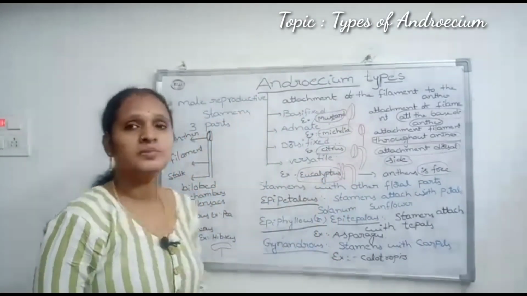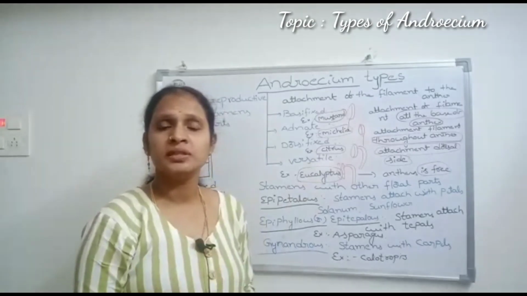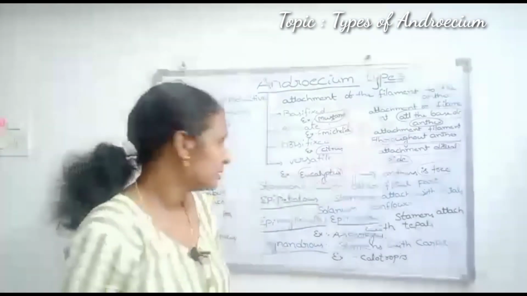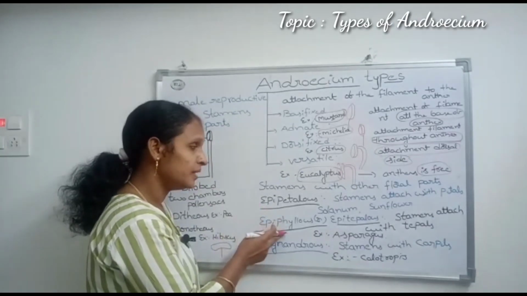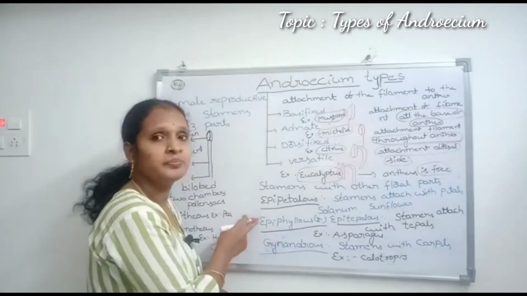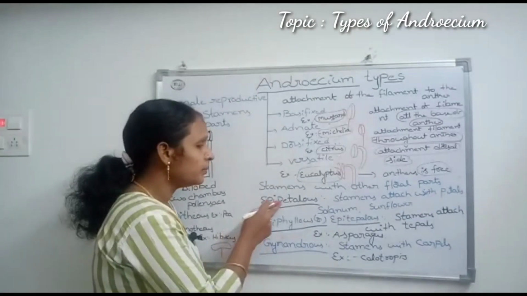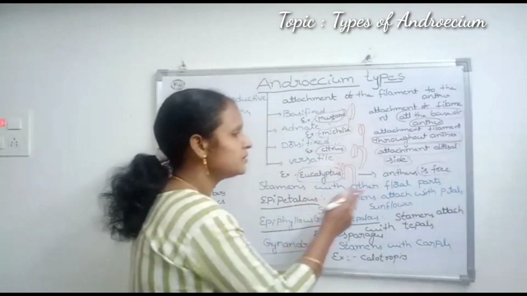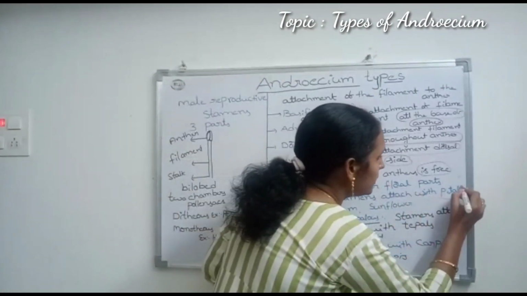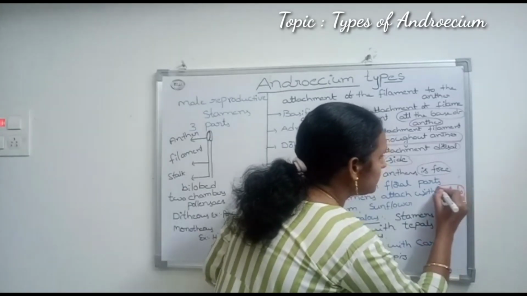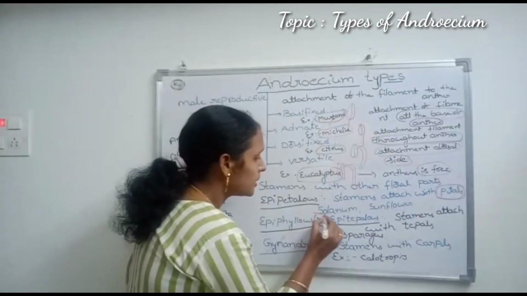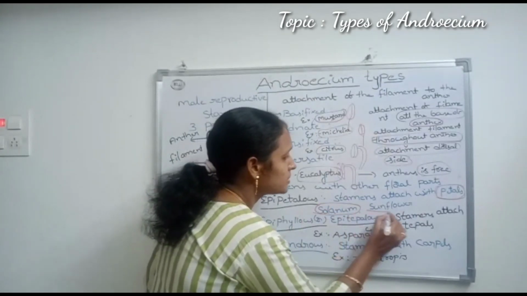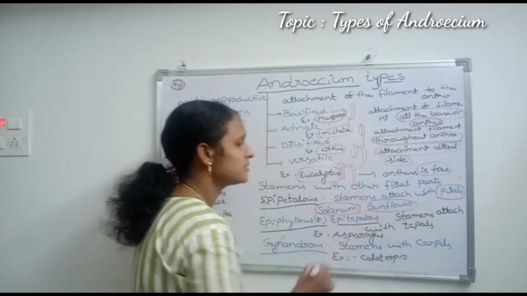Next, another type is where stamens are fused with other floral parts. Epipetalous and epitepalous are important terms, 2 marks for the IPE exams. Epipetalous means stamens are fused with the petals. Examples: Solanum species and sunflower.